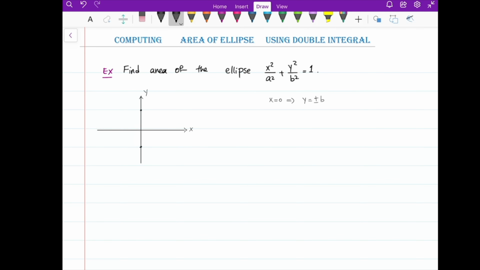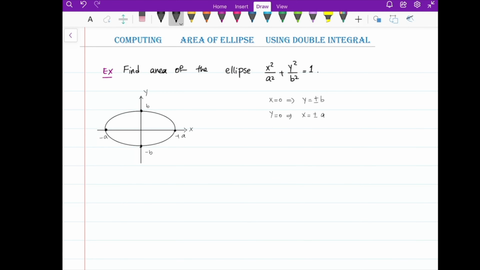So I get minus b and then plus b on the y-axis, and then when y is equal to 0, this part would be 0, x squared would be a squared, so x would be plus minus a, so minus a, plus a, and I get an ellipse like this. Let me make it a little bigger.